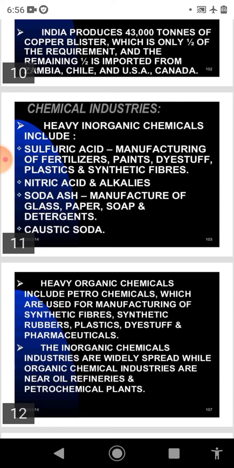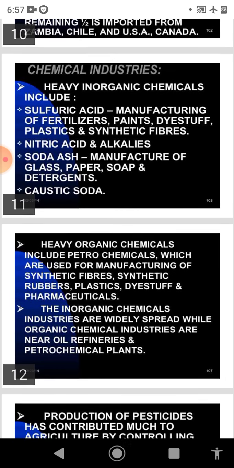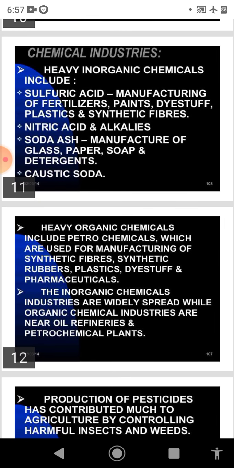These industries are widely spread over the country. Then organic chemicals include petrochemicals which are used for manufacturing synthetic fiber, synthetic rubber, plastic, dyestuffs, drugs and pharmaceuticals.